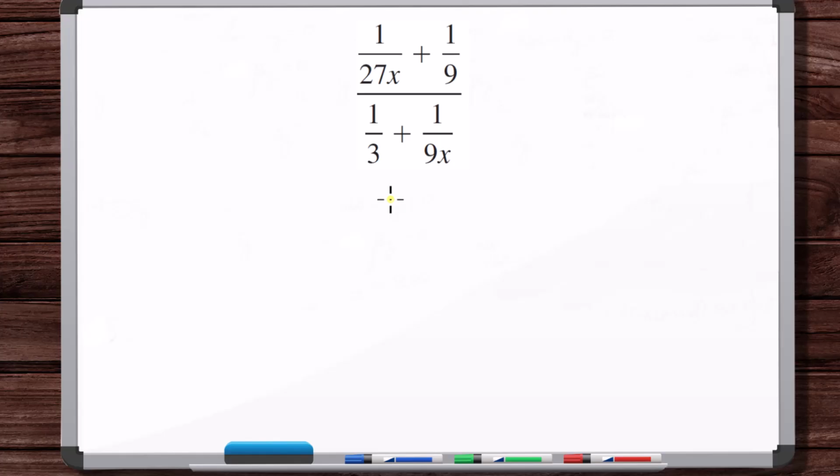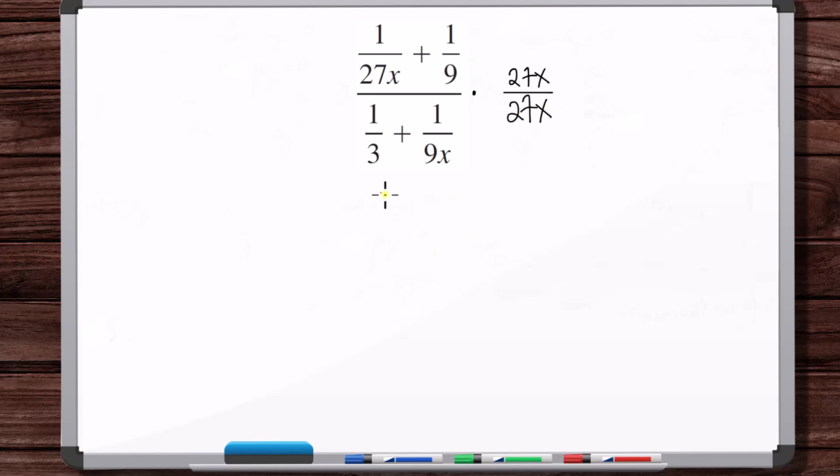The least common denominator method says that you multiply this entire compound fraction by 1 in the form of the least common denominator of all of the fractions that are there. In this case, that would be 27x over 27x.